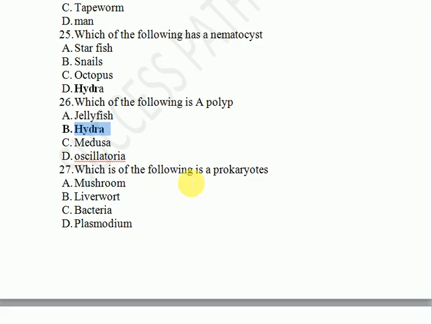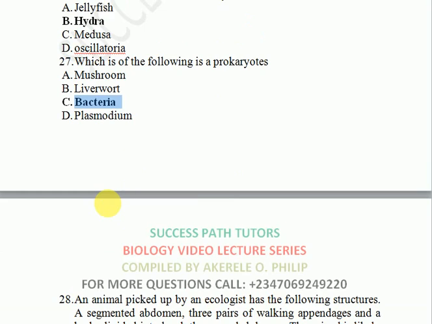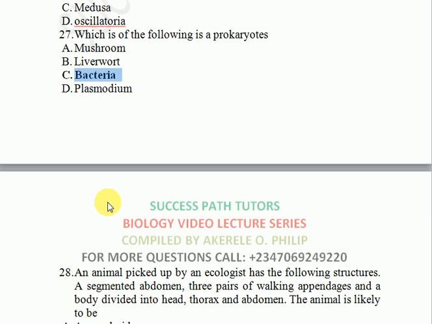Alright. So which of the following here is not having a well-defined nucleus? That's your bacteria. Bacteria doesn't have a well-defined nucleus. So every other thing here are all eukaryotes. They have a well-defined nucleus. So their DNA and RNA are found within a confined place called nucleus.